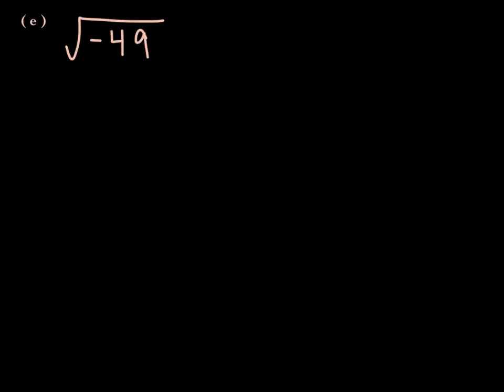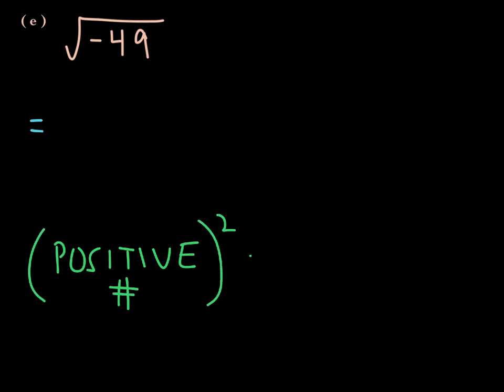The next one says this principal square root of negative 49. Now, notice that your radicand is negative. Find me the positive number such that when you square it, you get negative 49. Now, we have an issue here, don't we? Because if you have a positive number, and you square it, what do you get?